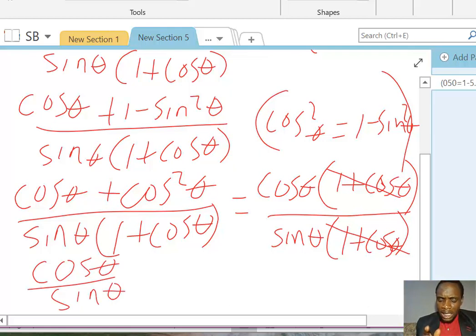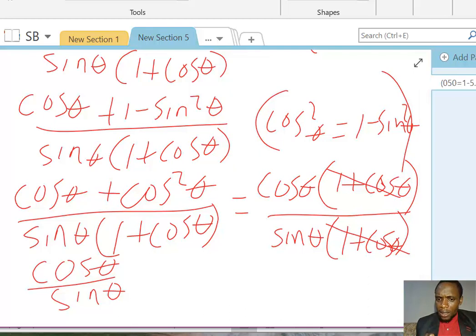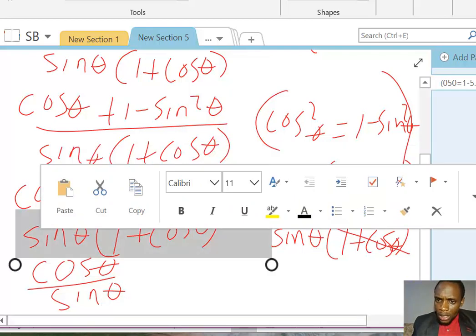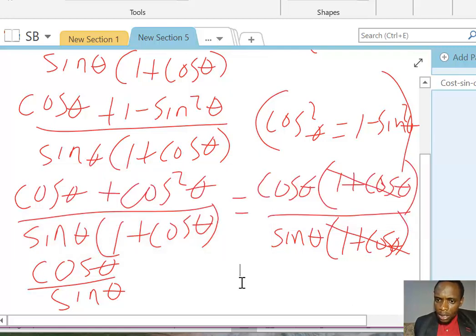If you remember, we said sin theta over cos theta is tan theta, and the inverse of tan theta is cot theta. So cos theta over sin theta is the inverse of tan theta, which is cot theta. Very simple.